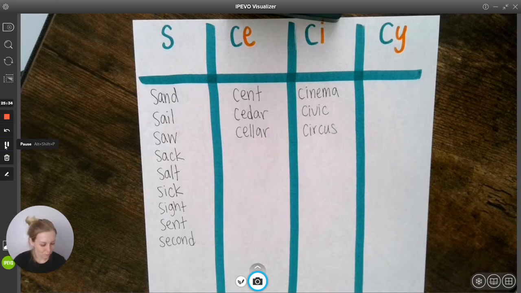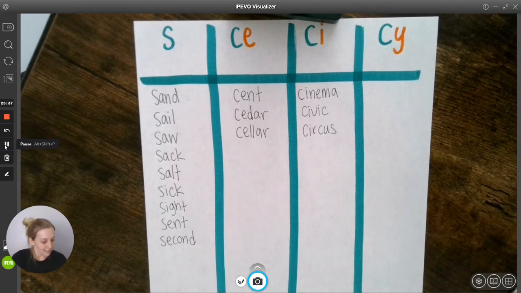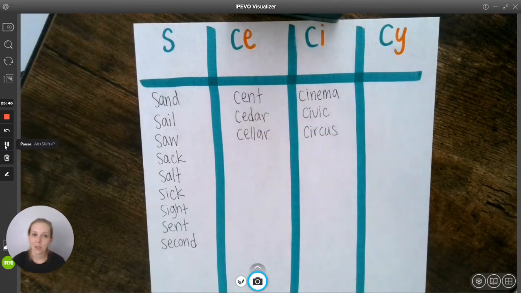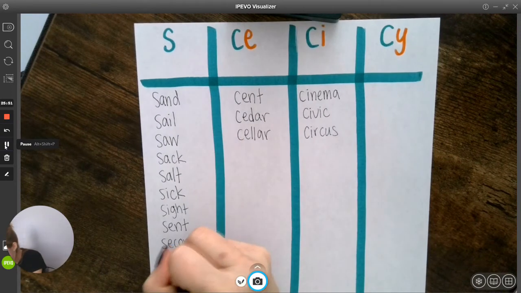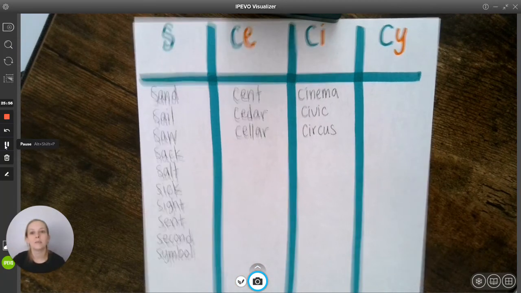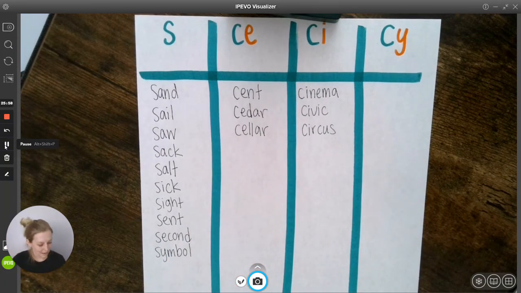All right, the first one is symbol, as in the poster has a peace symbol on it. That one is spelled with an S. S-Y-M-B-O-L. The next word is cymbals, as in the drum set has two sizes of cymbals. Those are the ones that you clink together like that.